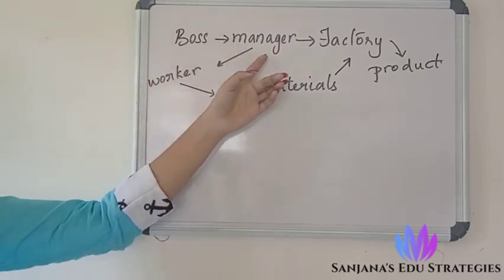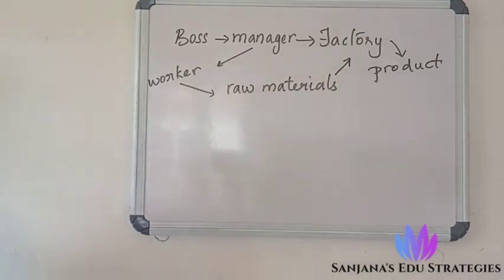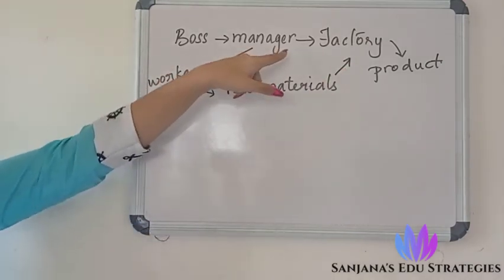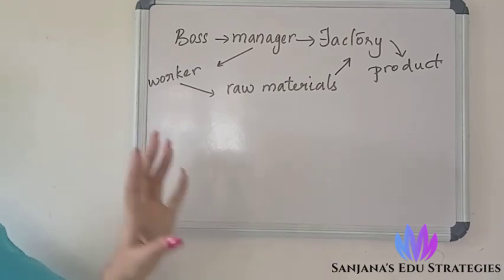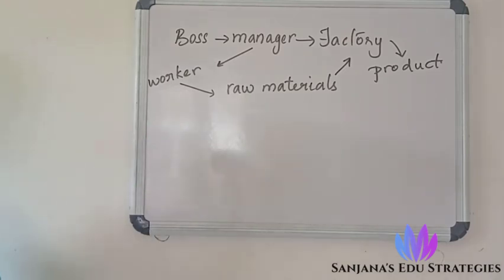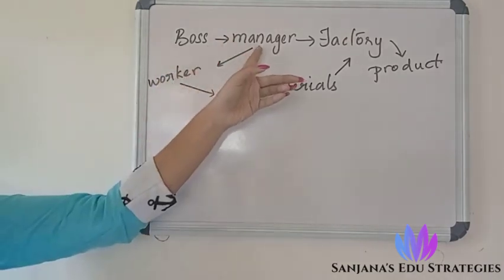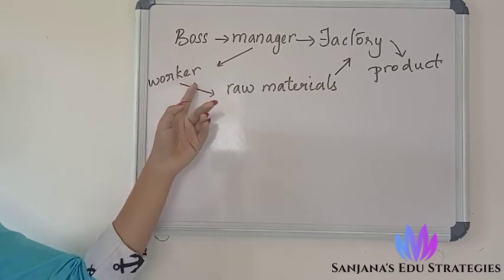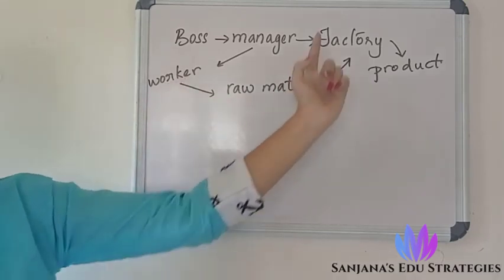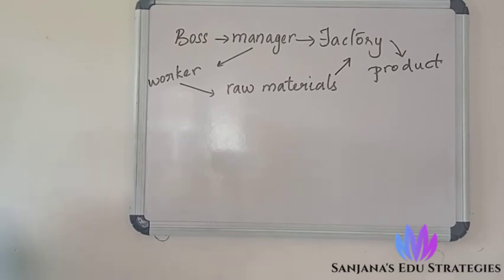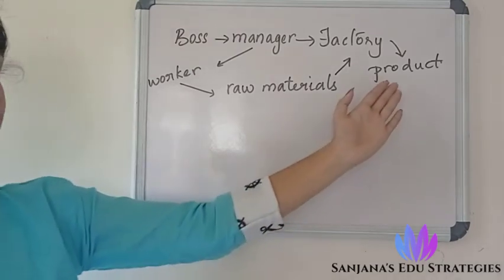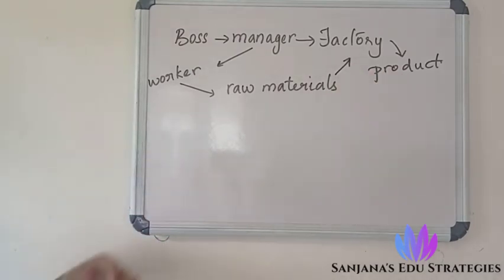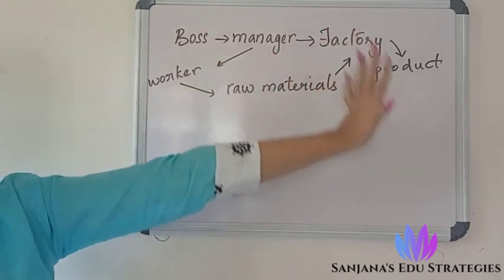So this manager goes to the factory. For manufacturing any product, we need raw materials, right? So this manager tells the workers there to bring the raw materials to the factory for manufacturing the product. That's how this process takes place.